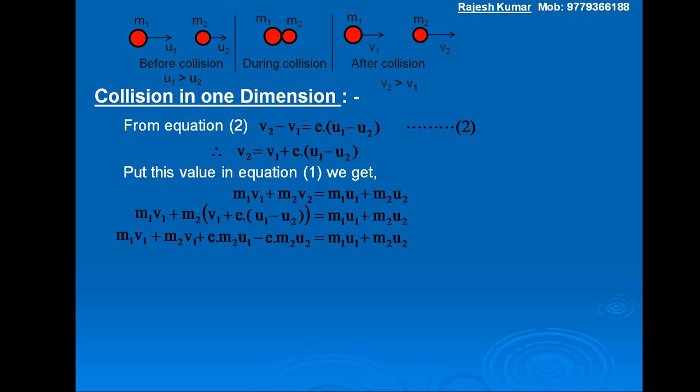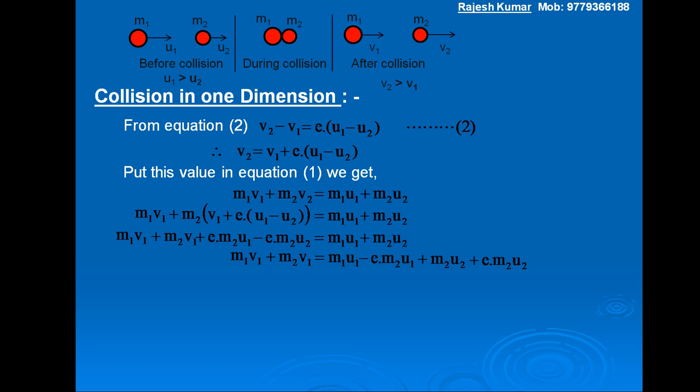Now by rearranging, m1 v1 plus m2 v1 becomes equal to m1 u1 minus E into m2 u1, that is, taking the term plus E into m2 u1 from left hand side to right hand side, plus m2 u2 plus E into m2 u2, that is, taking minus E into m2 u2 from left hand side to right hand side.